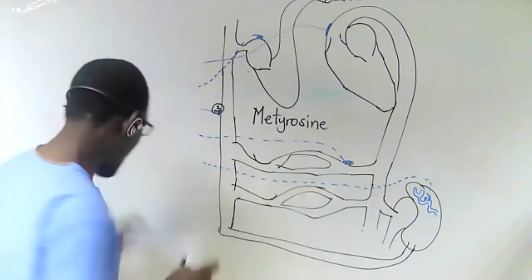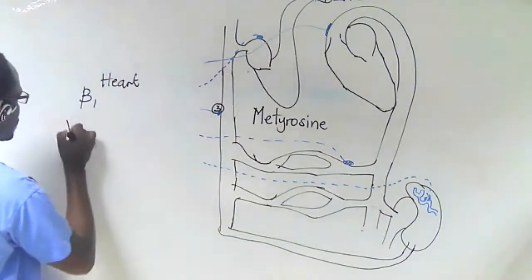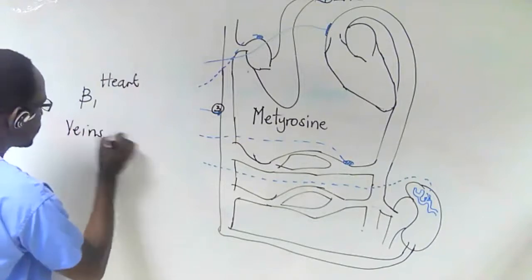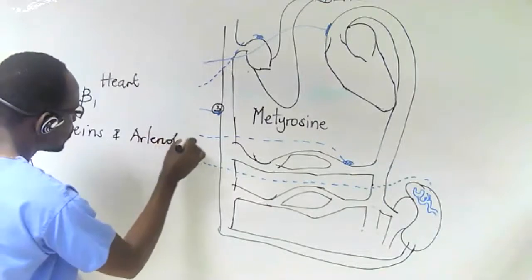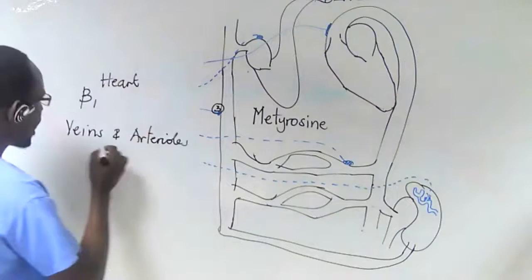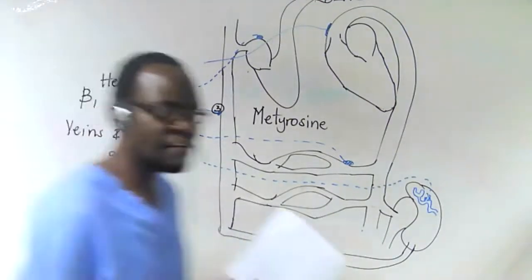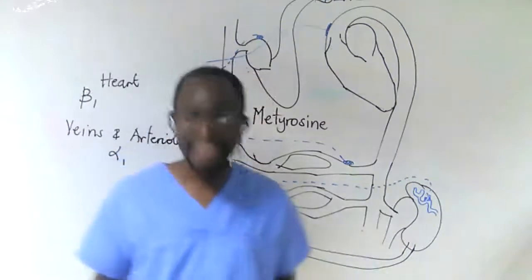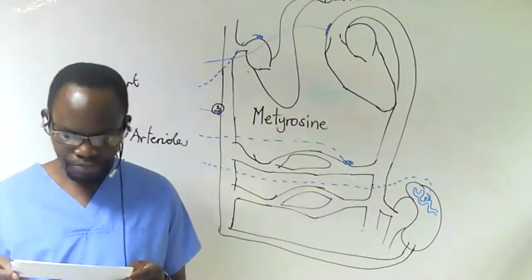On the veins and arterioles, we have alpha 1 receptors.